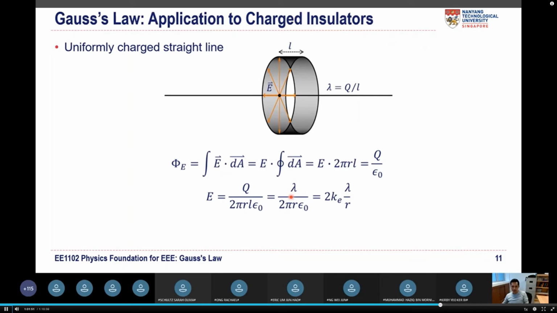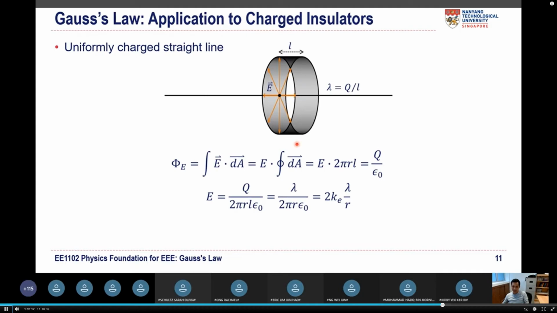So the total charge enclosed inside here is going to be the charge per unit length times the length of this line.